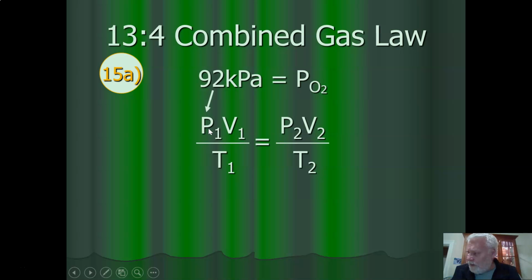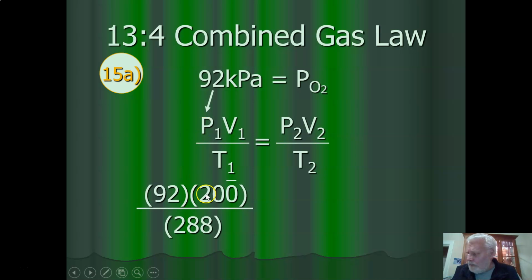And it said it wanted to convert over here to standard conditions. Well, I now know what this is. That's 92. That's a given. The 2.00 times 10 to the second, I'm just going to write as 200 with a bar over the 0. You could write 200 with a decimal point. But just make sure you know that those are all significant.